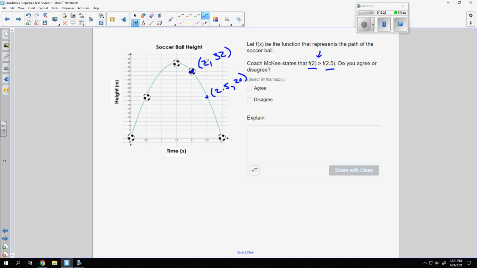Is f of 2 greater than f of 2.5? Look at that, 32, last time I checked, was right. So that is what we need to explain. Hey, f of 2, is 32 greater than 20? Yep.